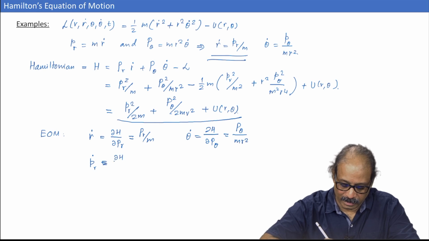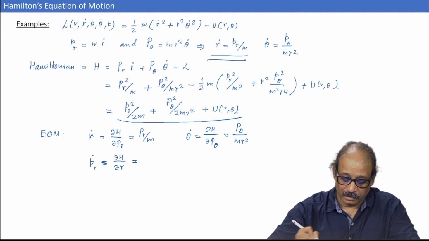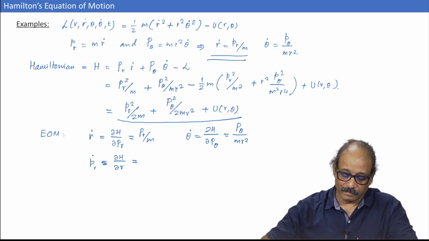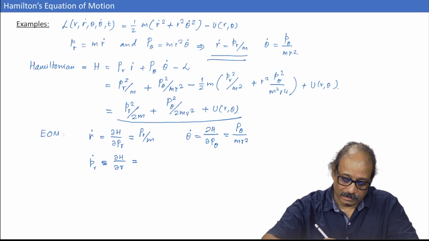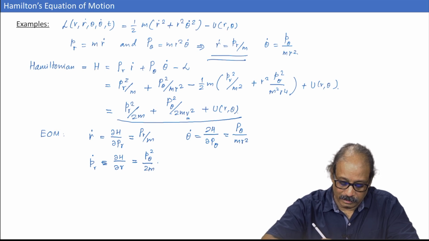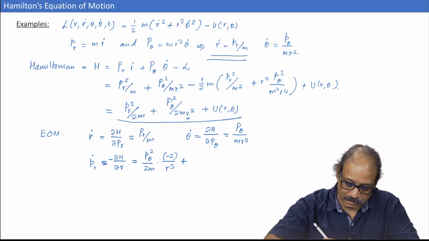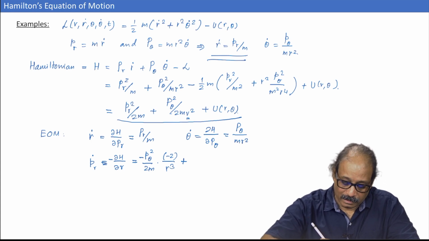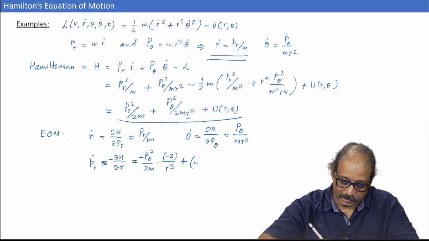And p_r dot will be equal to minus the partial of H with respect to r. Here notice that there is an r appearing here. So, I will write this as p_theta square by 2m into minus 2 by r cube, plus, so sorry, I forgot the minus sign, so I will put that minus sign there, there is a minus sign from outside, and that would be del u by del r.